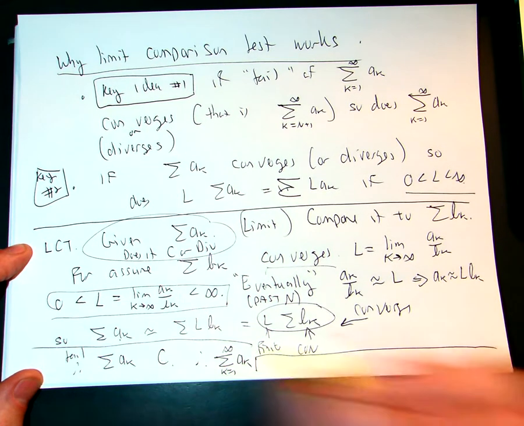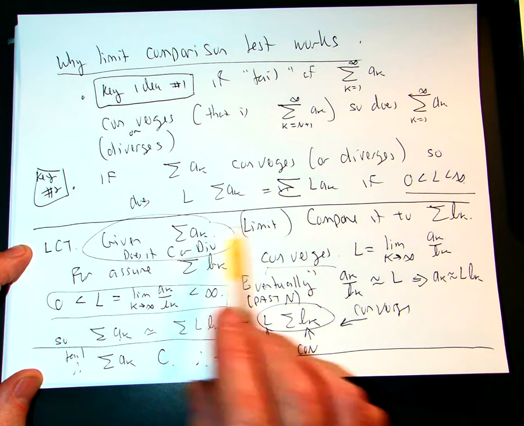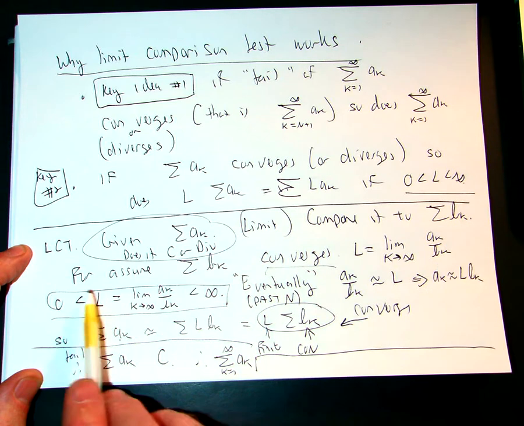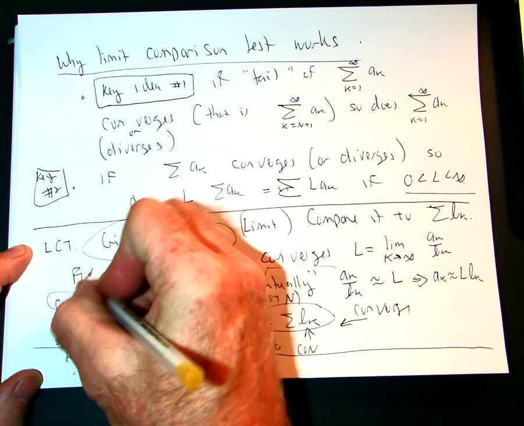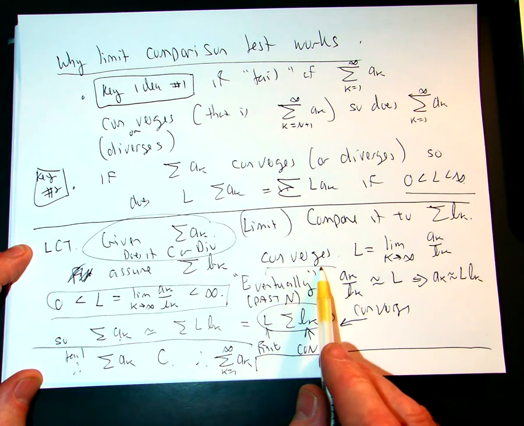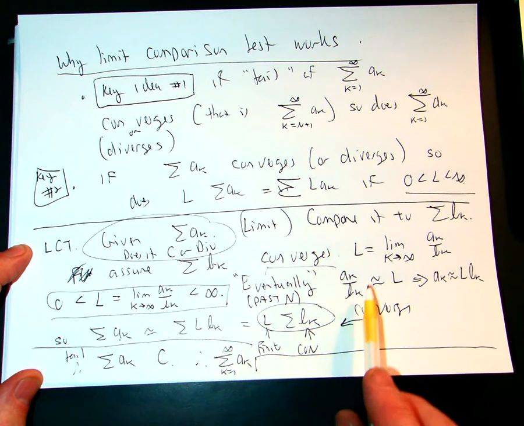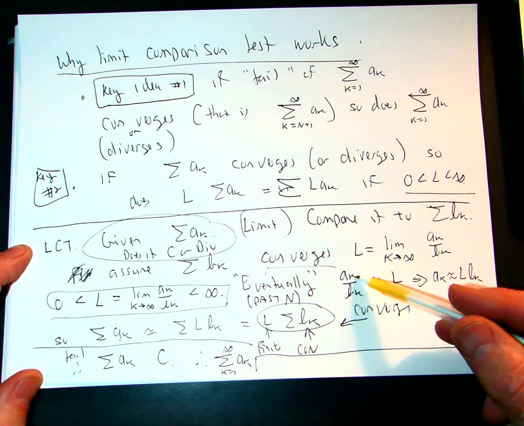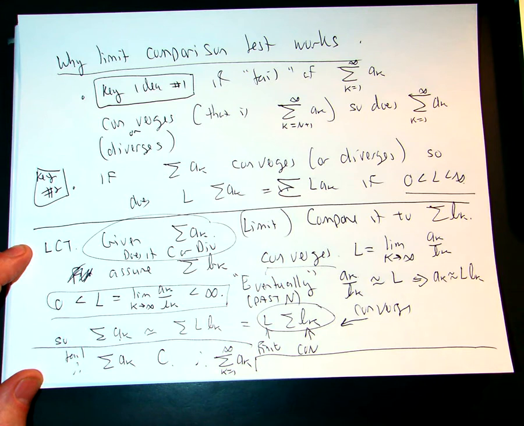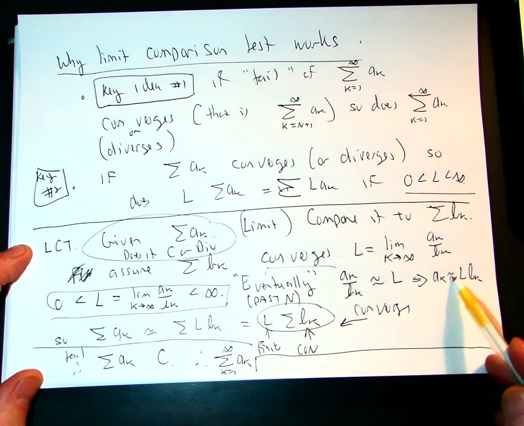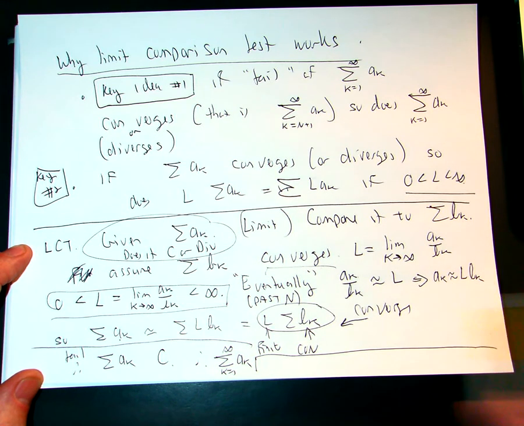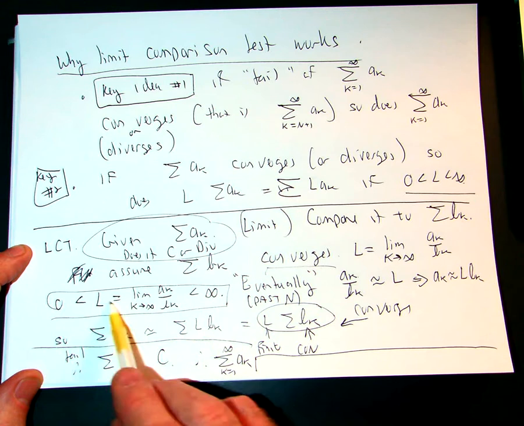So again, we're given a_k, we're going to compare it to b_k. We'll assume that b_k converges. We take our limit, we get L is finite and positive. That means eventually, that's what it means to be a limit, that a_k over b_k is very close to L. That means that a_k is about equal to L times b_k, where L is finite and positive.